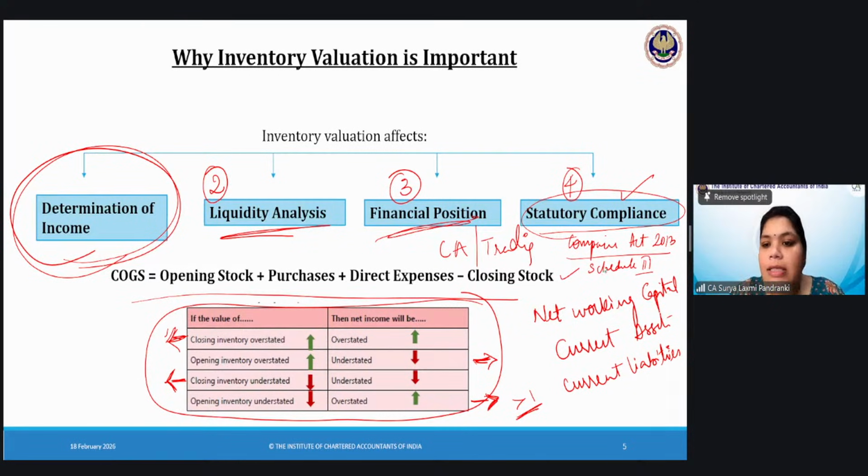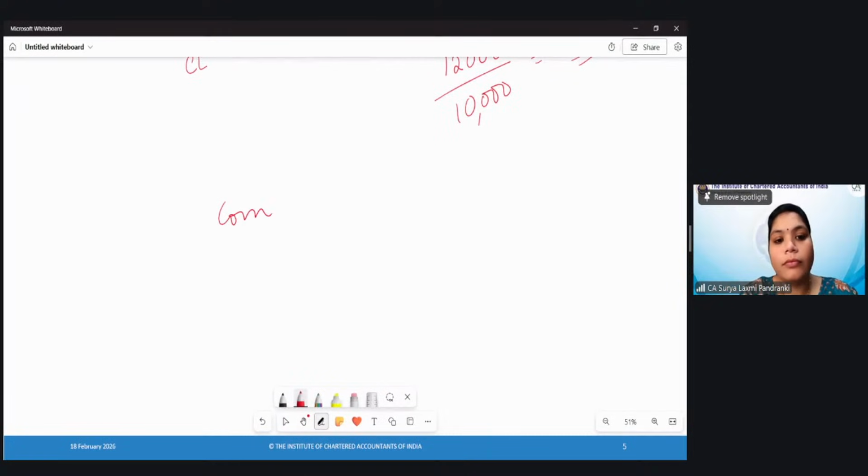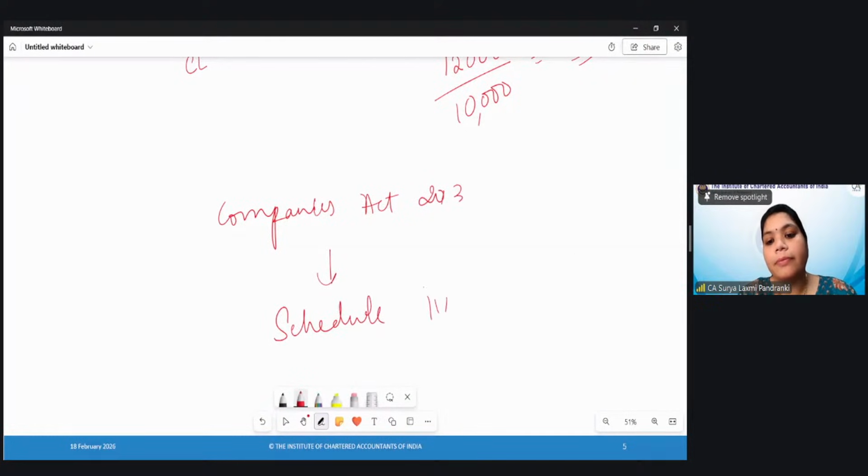Fine. Statutory compliance will just tell you what is there in your Companies Act. The Companies Act 2013 has given you Schedule 3, right?